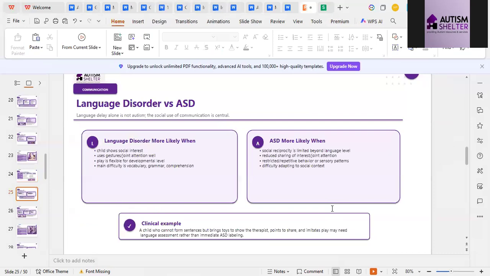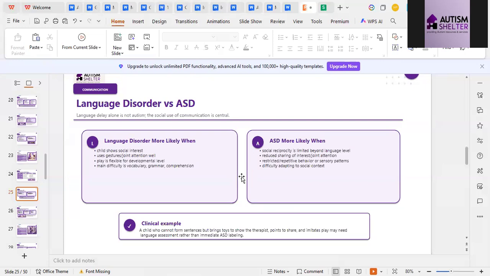Let's go to language disorder and ADHD. Language disorder is more likely when a child shows social interaction. It means the child has social interest, uses gestures, joint attention, and flexible play. We are learning the difference between these two, because many times we have to deal with children with language developmental delay. They come to us, and we cannot diagnose everybody as ASD, because social interaction and language disorder are different things.